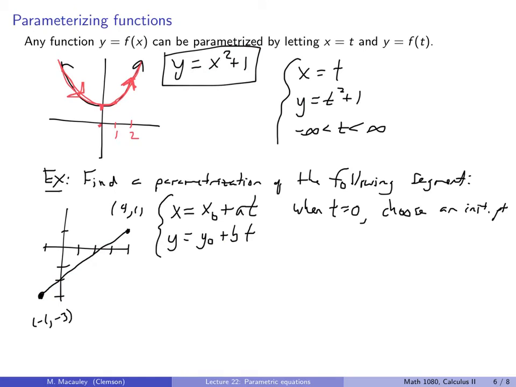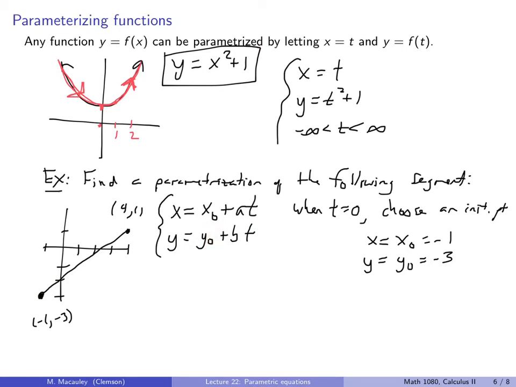So when t equals 0, choose an initial point. x naught equals -1, and y naught equals -3. Okay, so in other words, if we say that our ant starts right here, that forces this to be -1 and that to be -3.